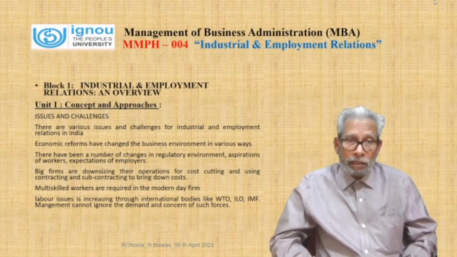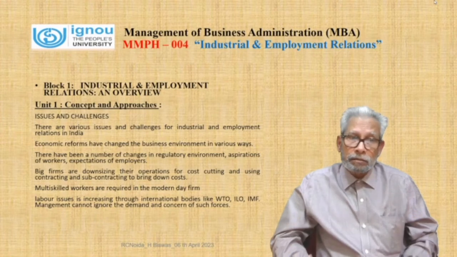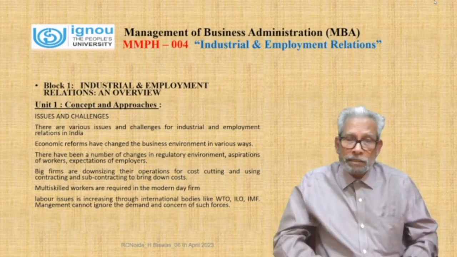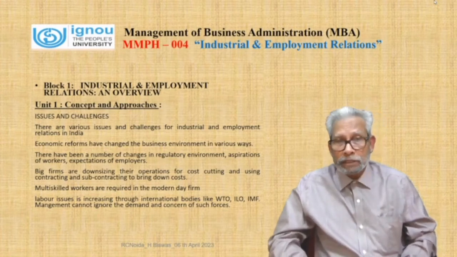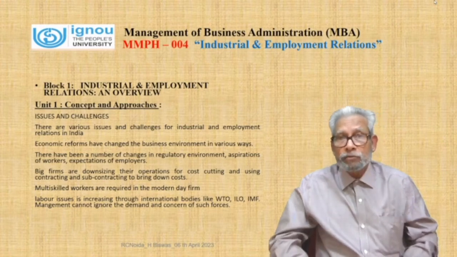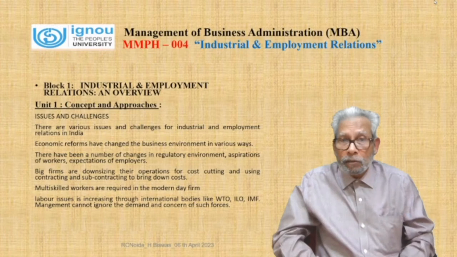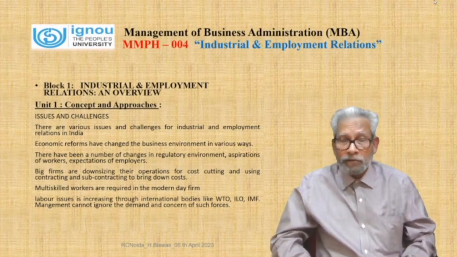I can say they are downsizing their operations, cutting costs, and using contracting and subcontracting to bring down the cost. They are giving jobs on a contractual basis, a 2-year or 5-year agreement, so that they can reduce their expenses, such as extra bonus, provident fund, and other fringe benefits.